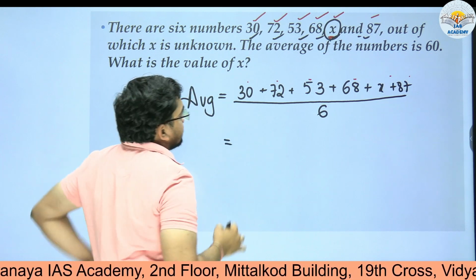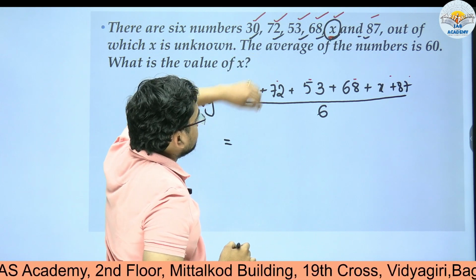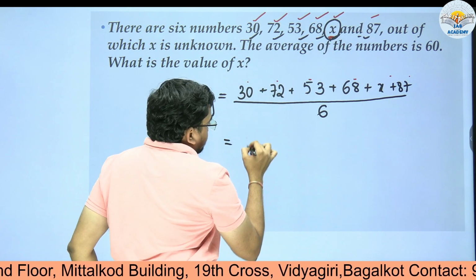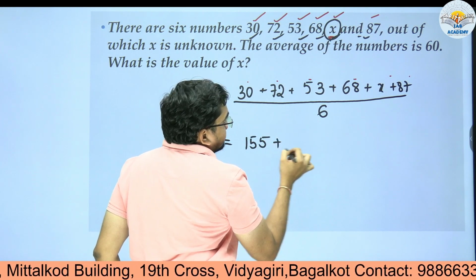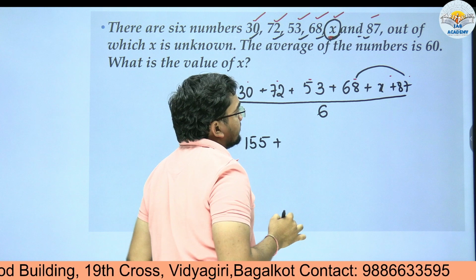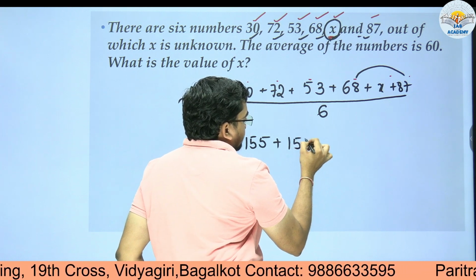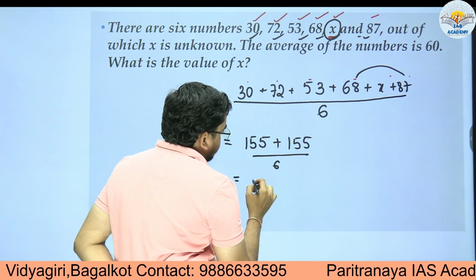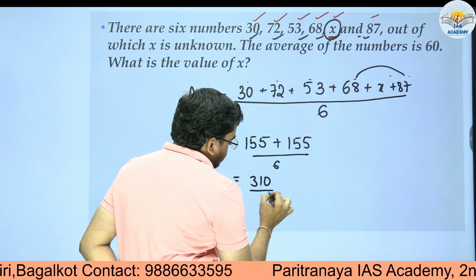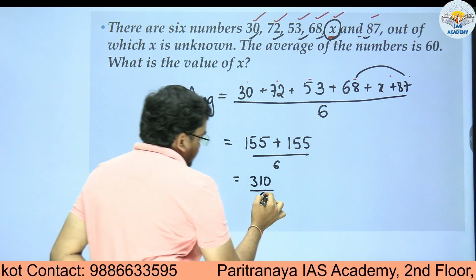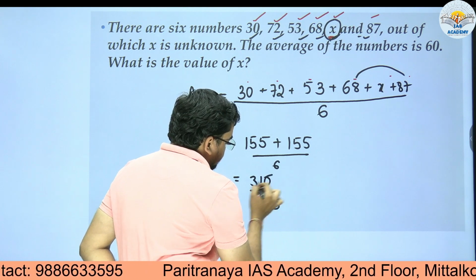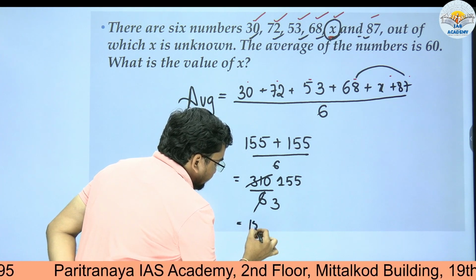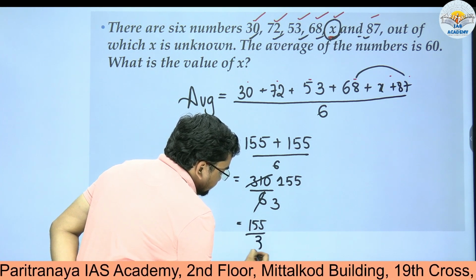So now let us add: 30 plus 72 is 102, 102 plus 53 is 155, plus 68 plus 80 is 148, so 155 plus 148 is 303, plus 87, 310 divided by 6. Is it divisible? The answer is 155 by 3.